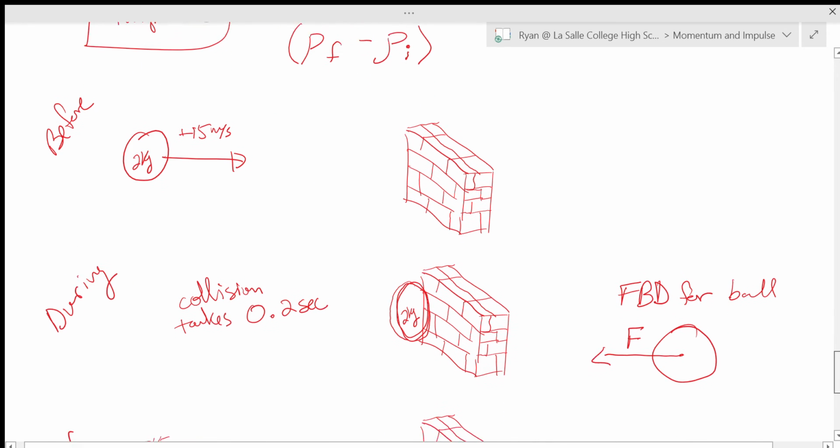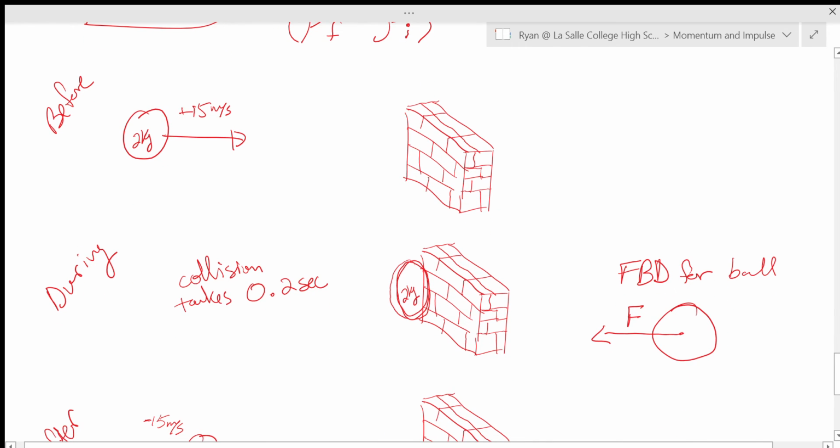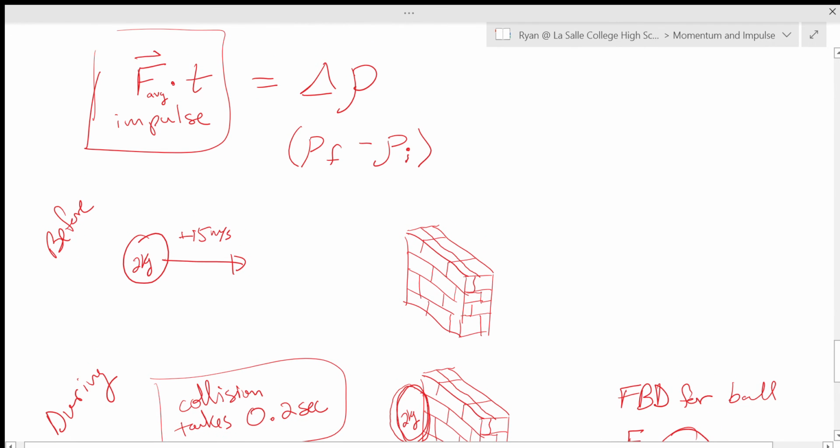Basically, every ball, like a tennis ball, is a little bit squishy, right? So when it hits, it squishes, and it takes time for that collision to occur. So if we know that time, and we know that collision, remember from earlier, we had a change in momentum. We had a final momentum of negative 30 minus the initial momentum.